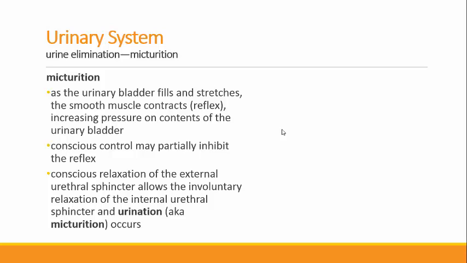As the urinary bladder contracts, it puts pressure on the urine inside and leads to discharge of urine through the internal and external urethral sphincters and then out through the orifice of the urethra, the opening.